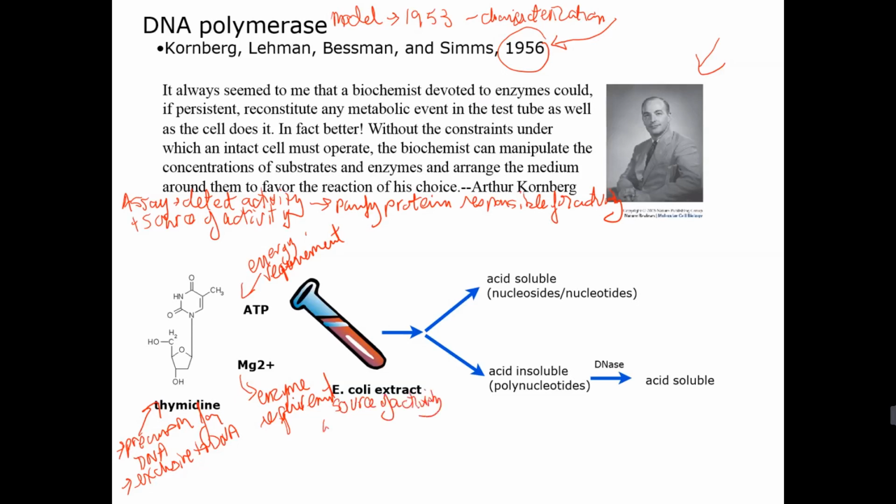And why did they use E. coli cells? It's actively undergoing replication. So that was one reason. Of course, E. coli also affords other advantages. You can grow a lot of it.